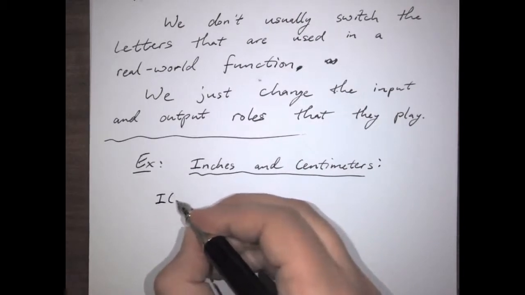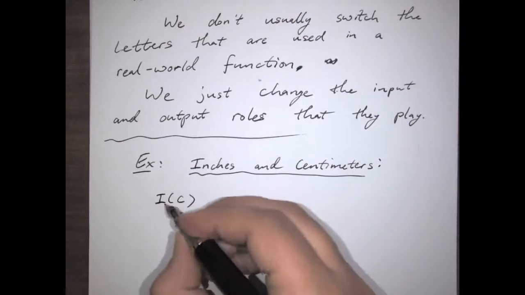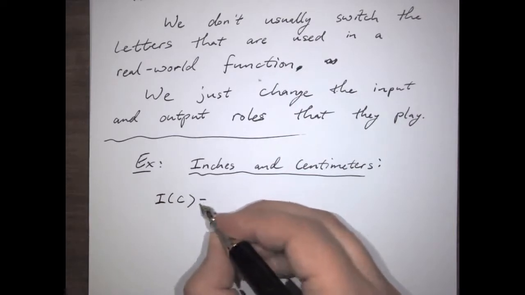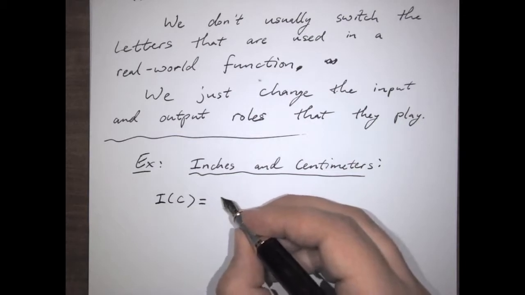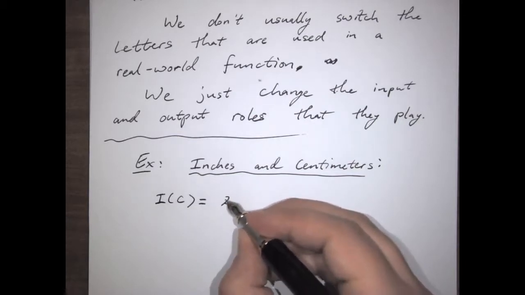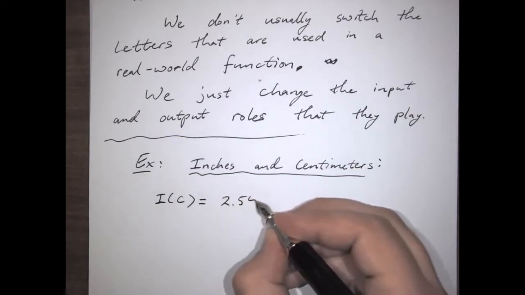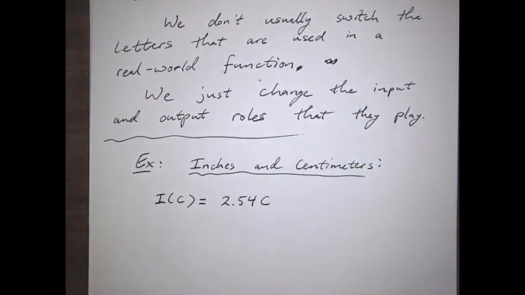I of C, meaning I is the inches, C is the centimeters. So here centimeters is the input, I is the output. I of C is equal to 2.54 C. Meaning that if you give me a length in centimeters, I would multiply it by 2.54, and that would give me the length in inches.